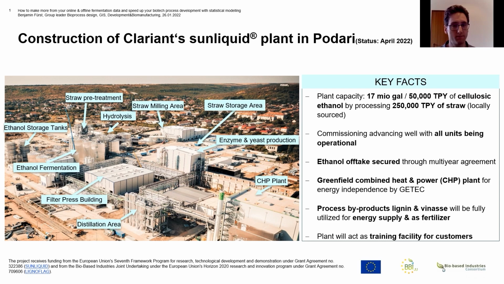Now, why I'm showing you all of this, what do all the stages have to do with each other? At all stages of the development of a biotech process, you have data about the process. And it doesn't matter if it's a micro-titer plate, a 1-liter bioreactor, or a multi-cube production scale fermenter. You always have offline data, like titers you measure, and you have online data coming from your sensors, pressure, temperatures.